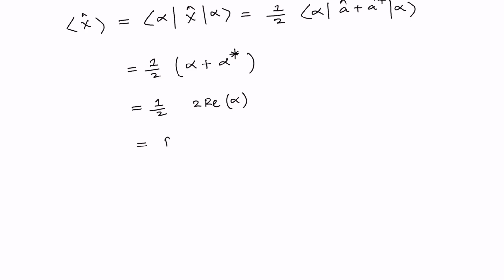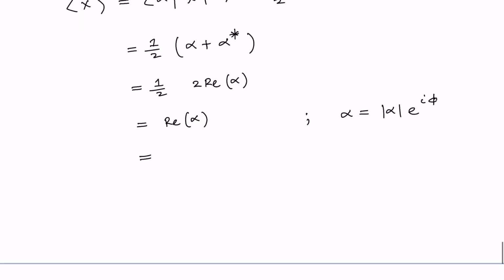So this is simply the real part of alpha. Otherwise, you remember that I have taken alpha as mod alpha e to the power i phi, so the real part of alpha is mod alpha cos phi.